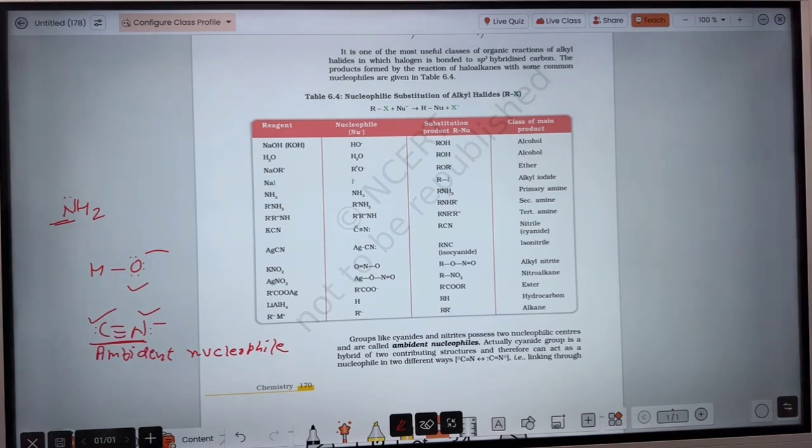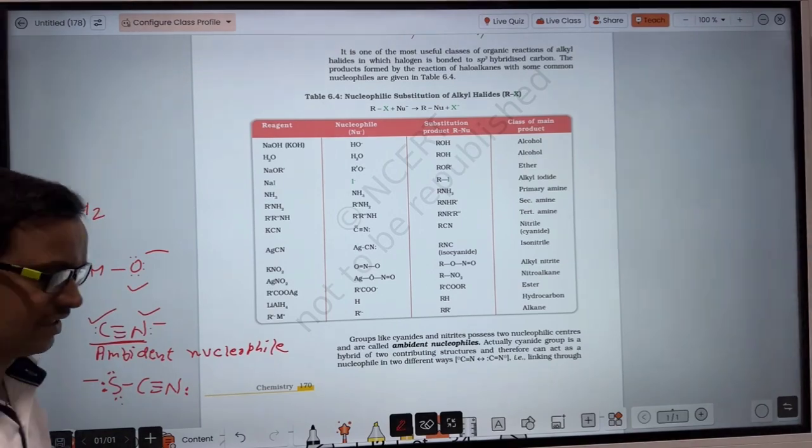In the same way, in SCN minus, sulfur will also carry a negative charge, and nitrogen also carries a negative charge. So sulfur can donate the electron, and nitrogen can also donate its electron. Here sulfur has valence electrons 6, so 1 electron has participated in bond formation, so 5 electrons will be there and 1 extra for the negative charge, that means 1 electron will be there.